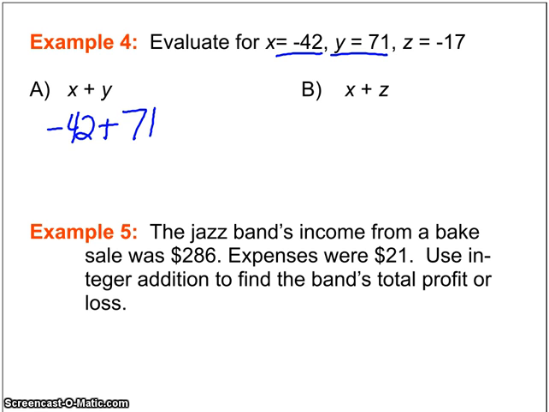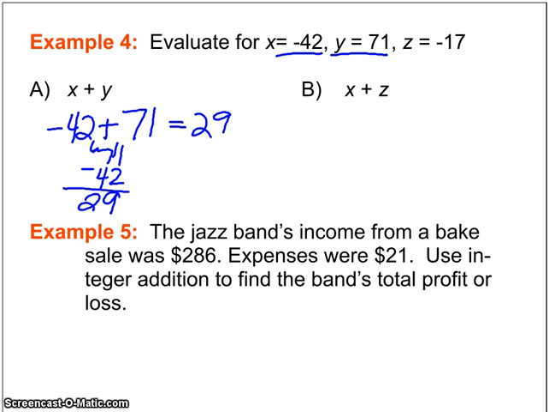Which one do I have more of? Positive, so my answer is going to be positive. And the signs are different, so I have to subtract. So we take the difference of 71 and 42, borrow, and we get 29. Again, I had more positives, so my answer is a positive 29.